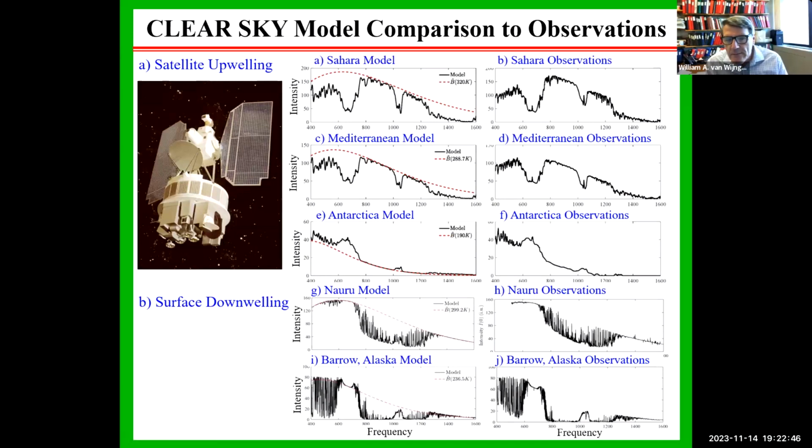What is the fudge factor? Well, basically, people look at their model, compare it to the observations, and the difference they say is a fudge factor we're going to add into the calculation. Now, fudge factor is not a very nice name, so they gave it a fancy christening called the water continuum. Now, it's not quite as bad as I've made it sound. Around Nauru in the Pacific, there's a lot of water vapor, so the fudge factor is very big.